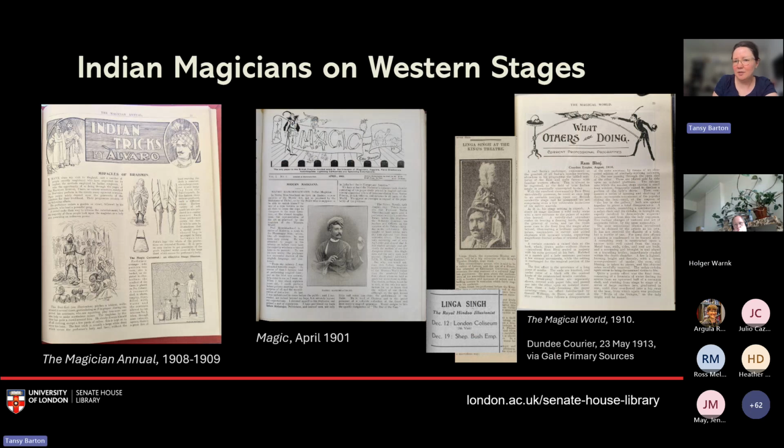But you can also find in the collection traces of Indian and South Asian musicians starting to perform in Western stages during the golden age of magic in the late 19th and early 20th century, particularly through the extensive collection of periodicals. The collection includes specialist magazines on magic, but also more generally in historical newspapers and magazines that you can access through other resources in the library.